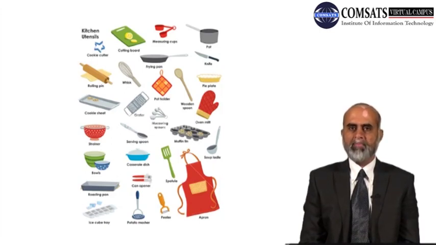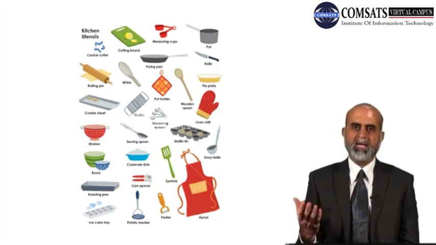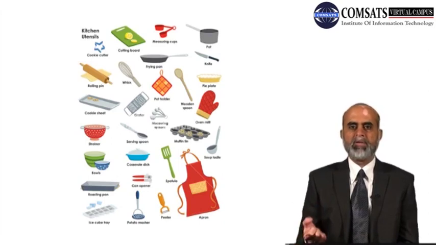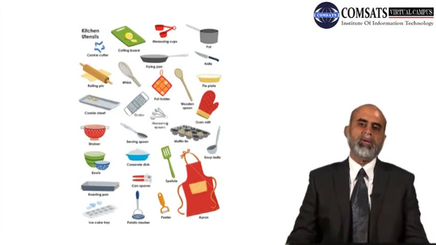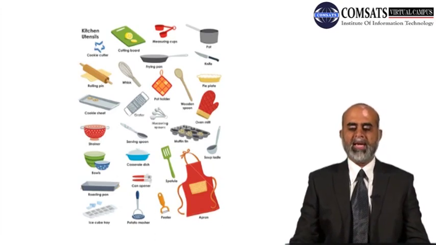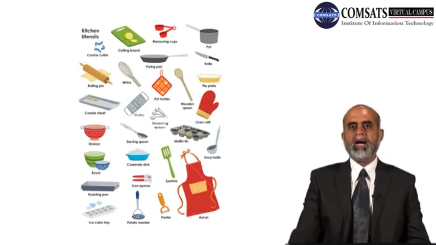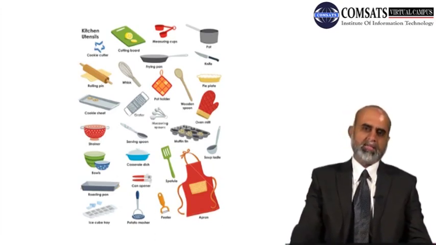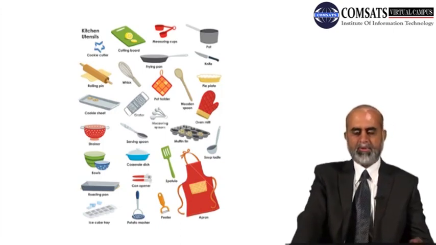If you are making an apple pie or any other kind of pie, you usually use this plate. Then you have an oven mitt. An oven mitt is just like a glove, and it is used to put or replace very hot objects inside the oven in order to protect your hands.